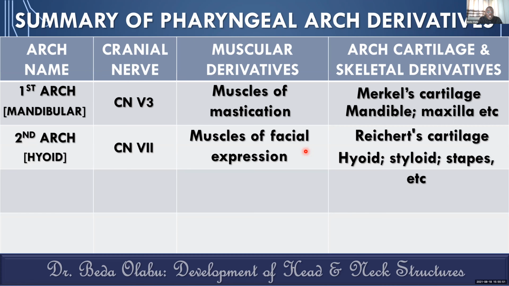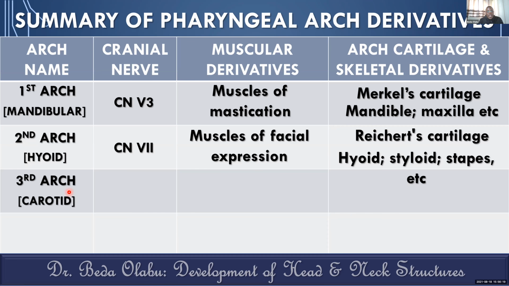So the ascending pharyngeal artery is a remnant of the second arch artery. Also, the stapedial artery is a remnant of the second pharyngeal arch artery. The point here is that the stapedial artery represents the dorsal portion of the artery, while the ascending pharyngeal artery represents the ventral portion of the artery.